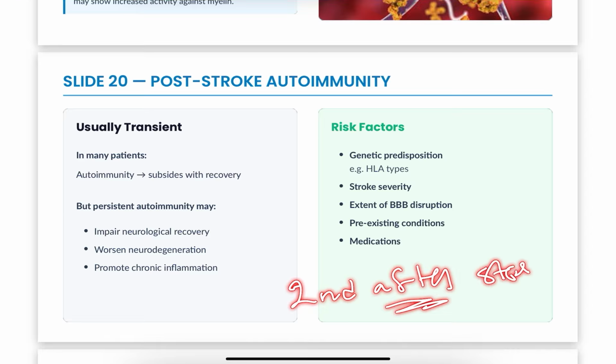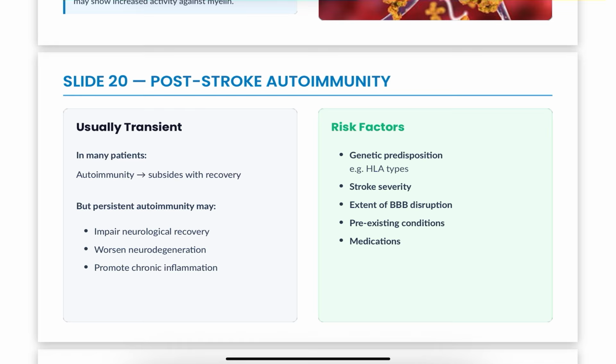The lymphocytes can have more increased activity against myelin. So the key idea isn't that every stroke patient will have autoimmune disease. The key here is that the stroke can create an environment, whether it will be transient in some patients or persistent according to their risk factors.